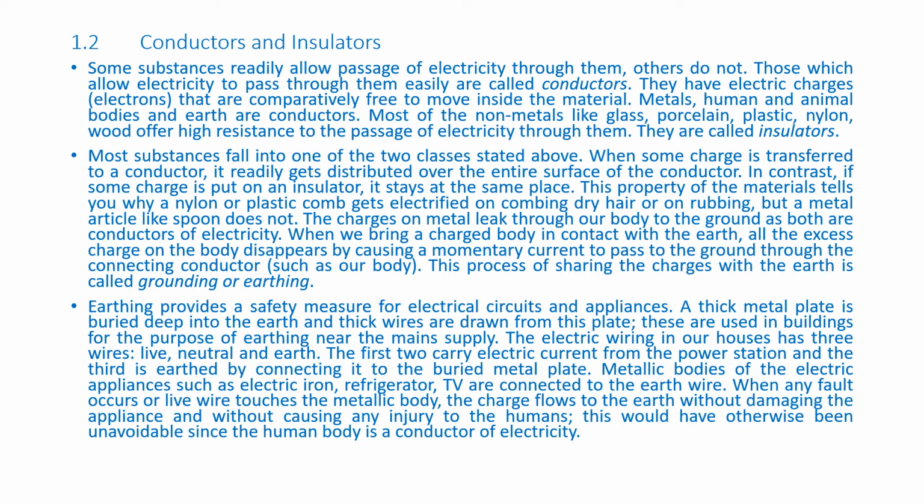When a fault occurs or a live wire touches the metallic body, the charge flows to the earth without damaging the appliance and without causing any injury to humans. This would otherwise have been unavoidable since the human body is a good conductor of electricity. So, earthing is a safety measure for humans, appliances as well as buildings.